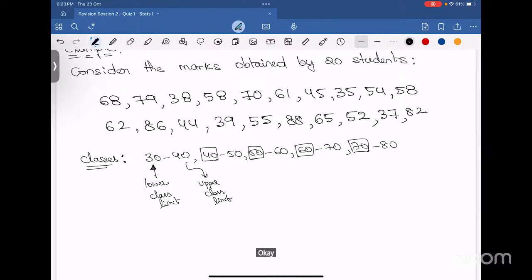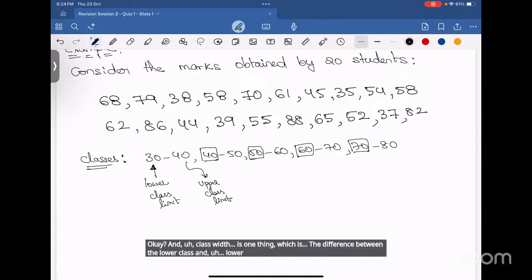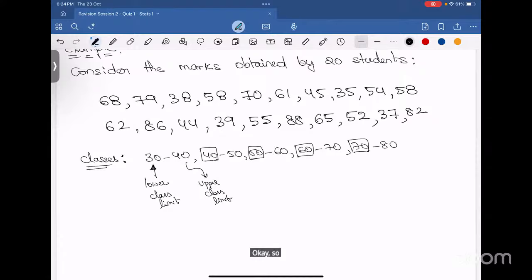Class width is the difference between the lower class limit and the upper class limit. So class width is simply 10: 40 minus 30, 50 minus 40. The class width is uniform across the classes.